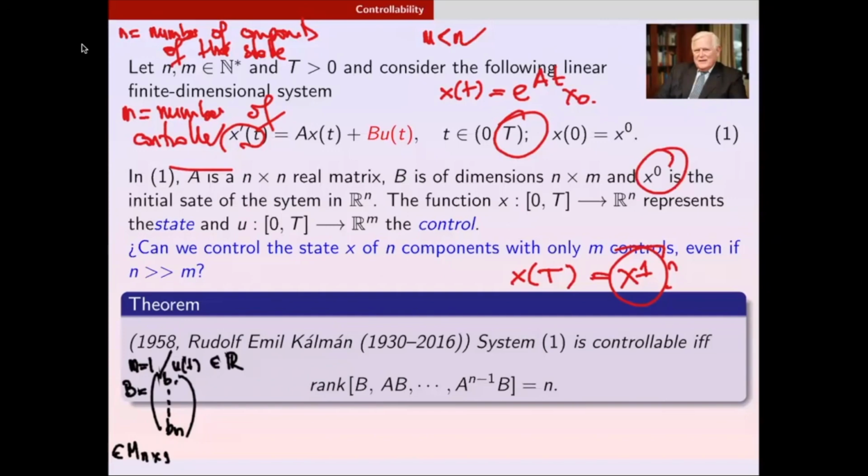But this is a secondary effect that will be seen only in the interaction of the different components of the system. What the control operator B is telling you is simply how the different components are being affected directly by the action of the control. Okay, good.